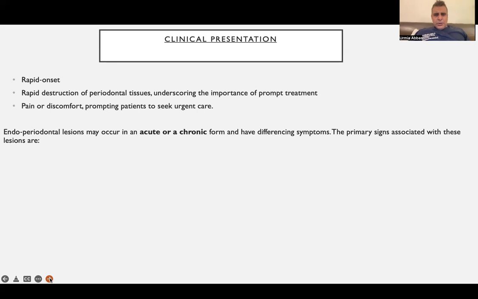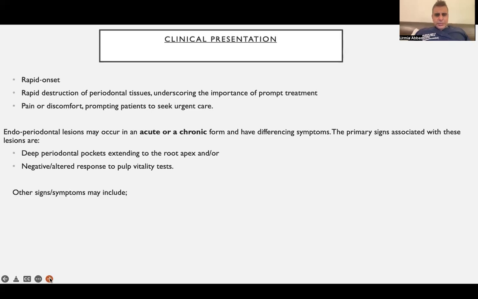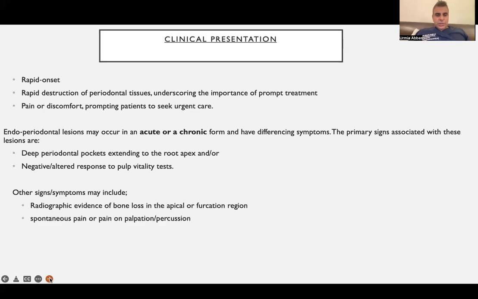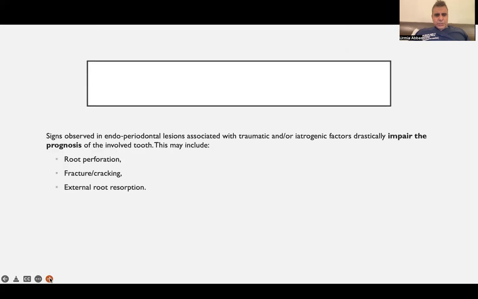Endo-perio lesions may also occur in acute or chronic form and have different symptoms. The primary signs associated with these lesions are deep periodontal pockets extending to the root apex or an altered response to pulp vitality testing. Other signs and symptoms may be radiographic signs of bone loss in the apical or furcation region, spontaneous pain or pain on palpation, percussion, purulent exudate, suppuration, tooth mobility, sinus tract fistula, and crown and or gingival color alterations.